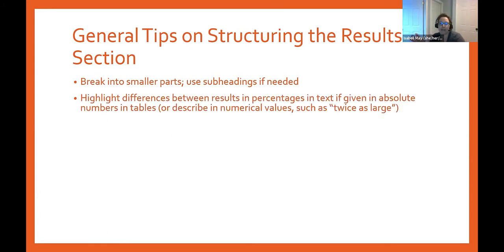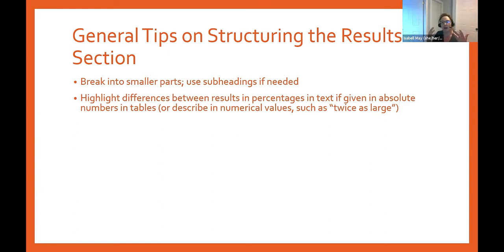When you highlight differences between results, use percentages in the text and absolute numbers in tables, right? So basically, when you're writing about numbers, try to avoid using numerical stuff as much as possible, or use percentages rather than absolute numbers. Absolute numbers, like 1,536, well, that doesn't tell me much, like about 72% or whatever it is.